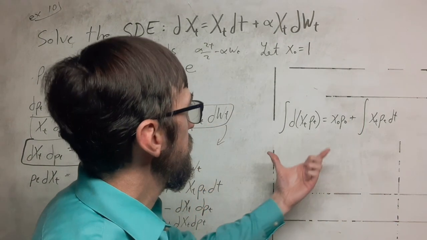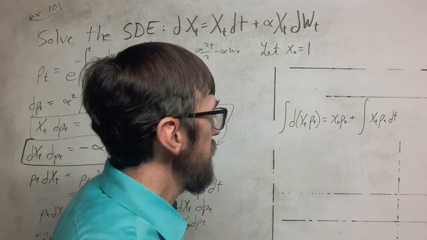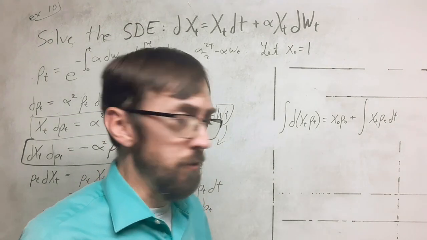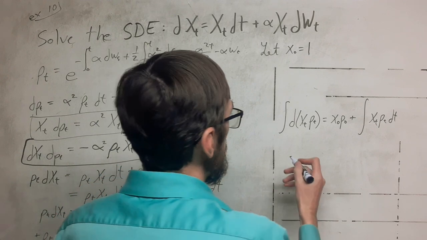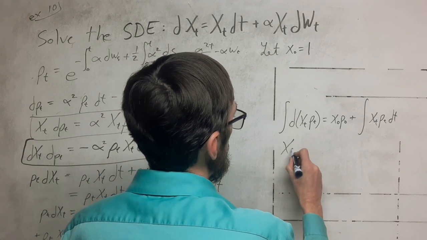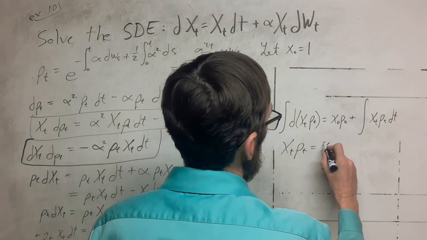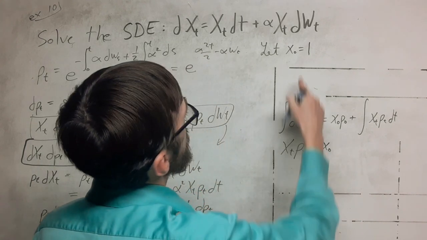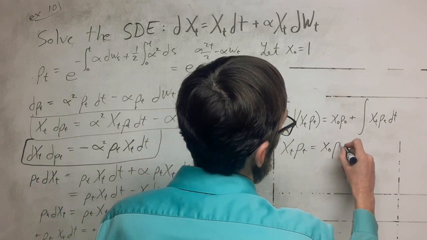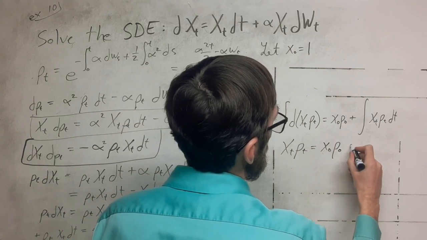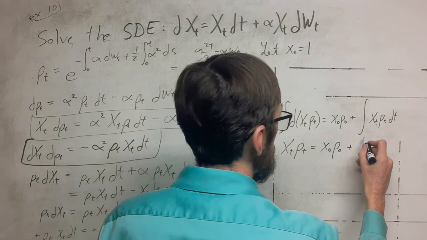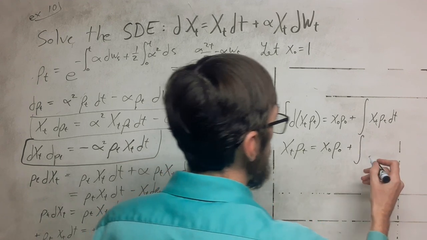All right, I've got this part here, and I'm wondering if I'm slightly lost here. This should evaluate to x sub t rho sub t. This is going to be x sub 0, but this is going to 1. Rho sub 0 plus, this needs to be rewritten in terms of s.